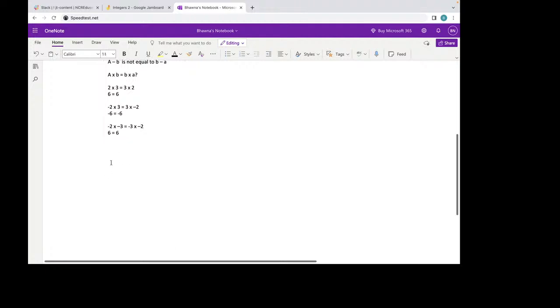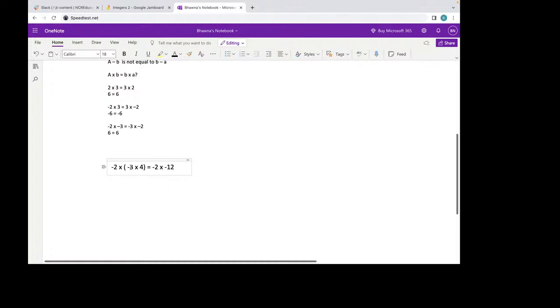Let's say we have minus 2 multiply, in brackets, minus 3 multiply 4. That will give us minus 2 multiply, we know that minus 3 multiply 4 is minus 12.